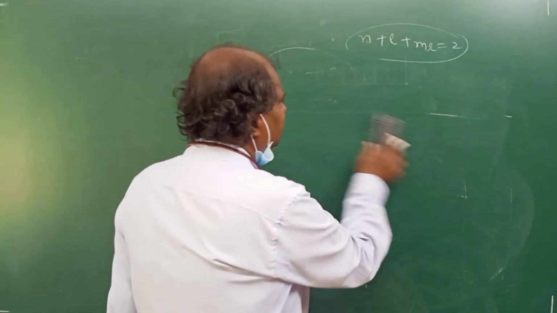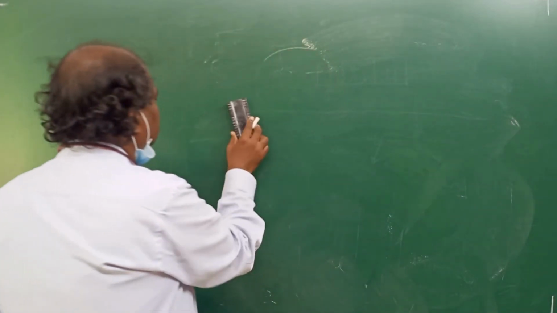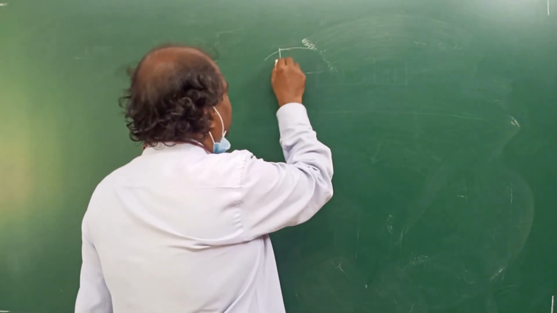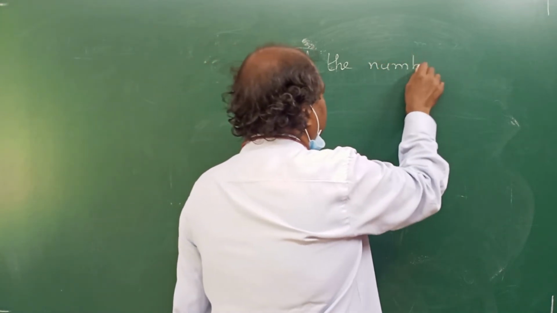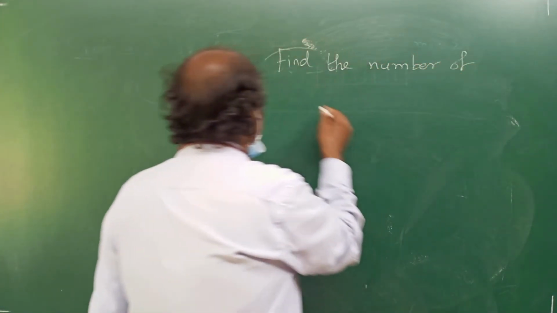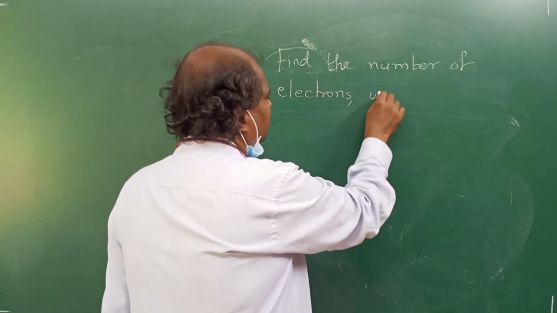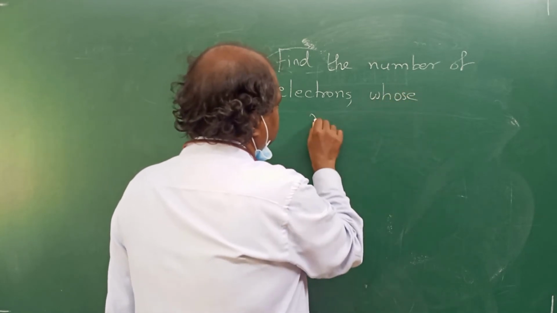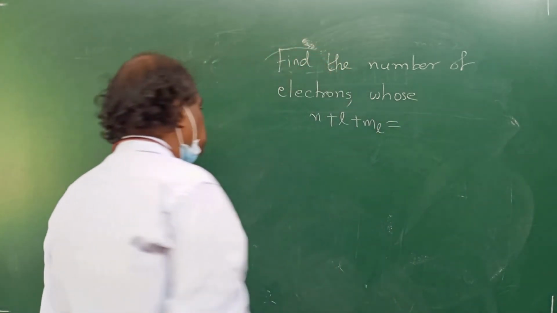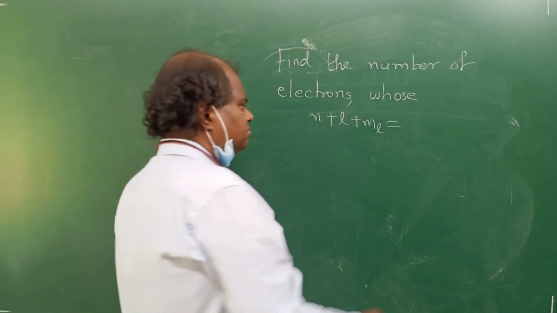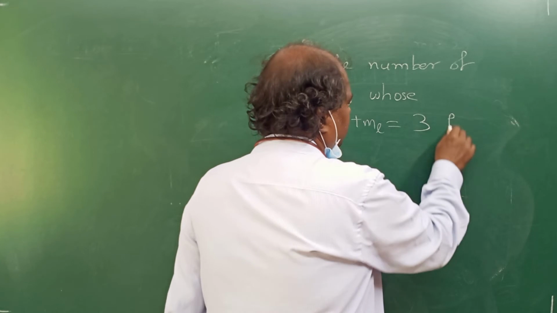Now let us do one more question here. Now this I will give you for a very important atom here. You write down, find the number of electrons whose n plus L plus Ml is equal to, let me take 3, for chromium atom.